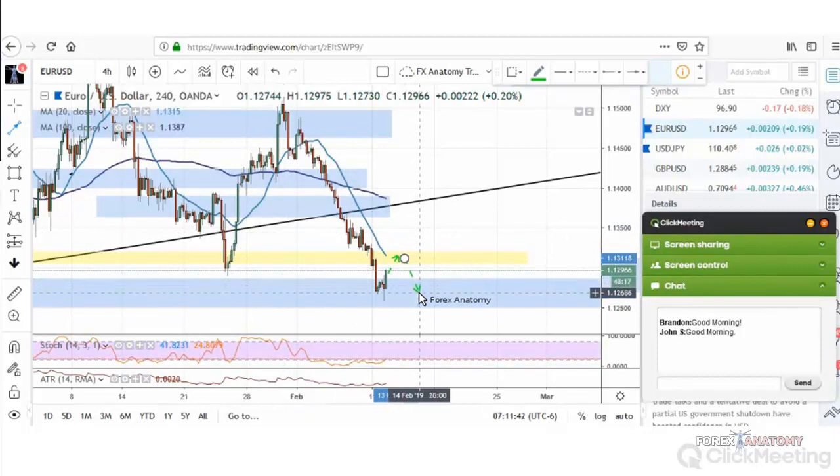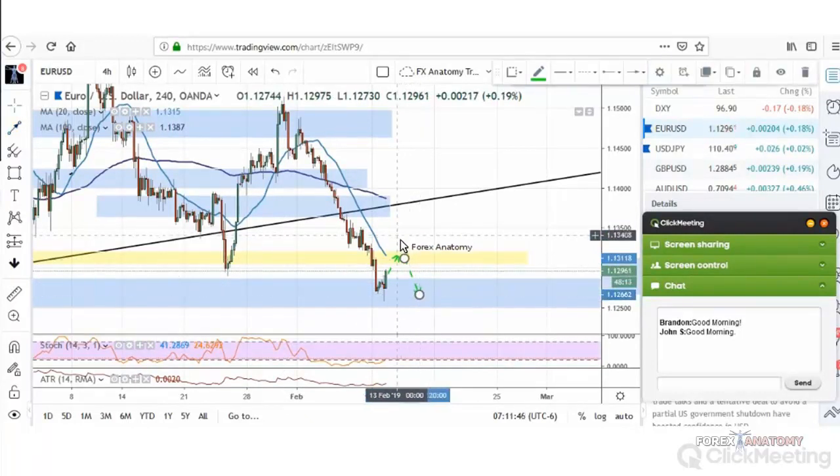And what I would do is trade this lower, in other words, execute a sell right around here. And then I would probably take partial profit at these lows right here, and keep the rest of my position open because I don't know how far price may slide.